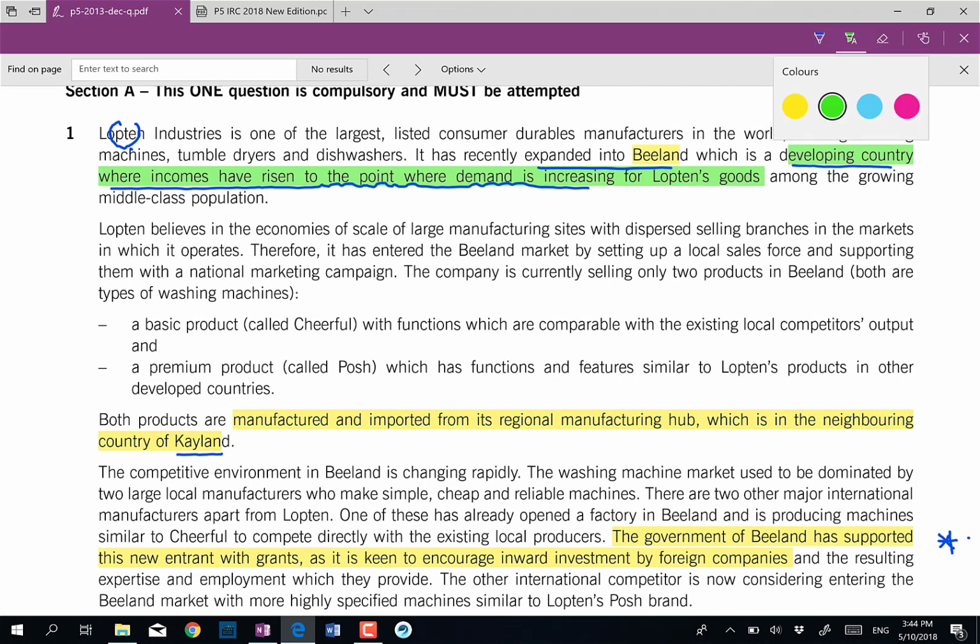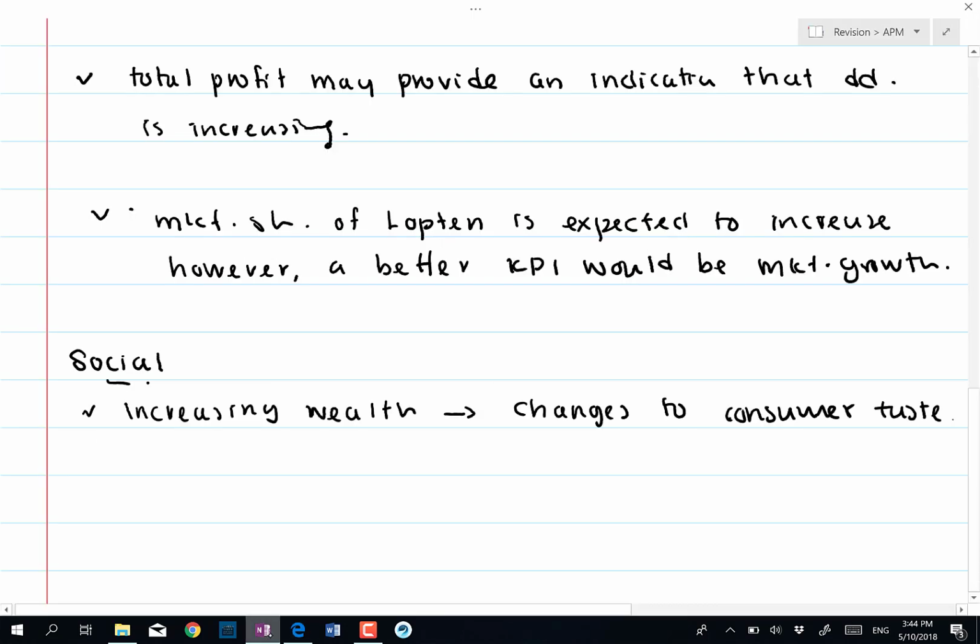Basically, Lopten has two products. A basic product called Cheerful and a premium product called Posh. So it is expected that there will be a shift in demand from Cheerful to Posh.